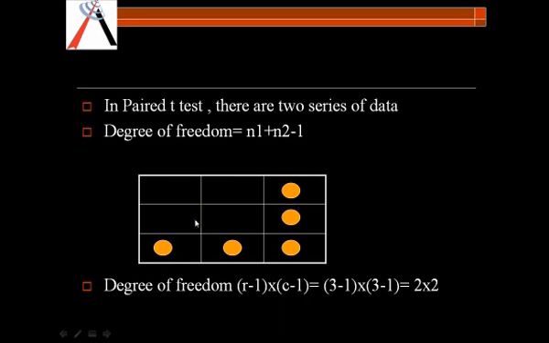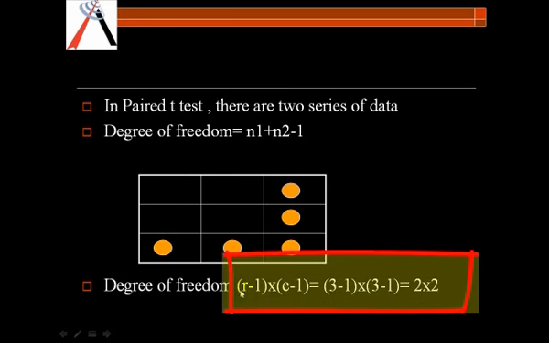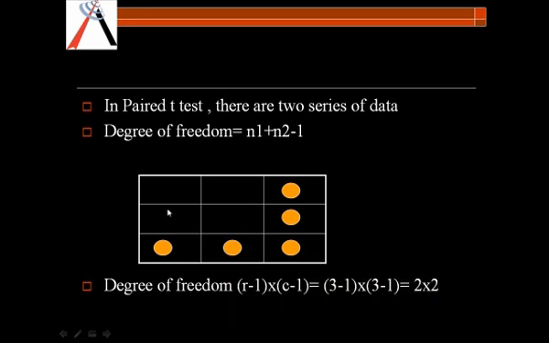Same happens here, number of rows minus 1. Now same happens with number of columns. So when we say columns, it is column minus 1. So our degree of freedom when we have a data arranged in table is row minus 1 into column minus 1. In this scenario it becomes 3 minus 1, and again we have 3 columns, so we have 3 minus 1 here. So a degree of freedom is 2 into 2, that is 4.